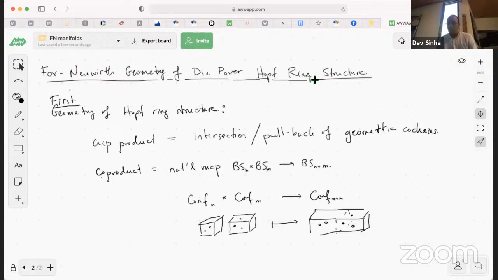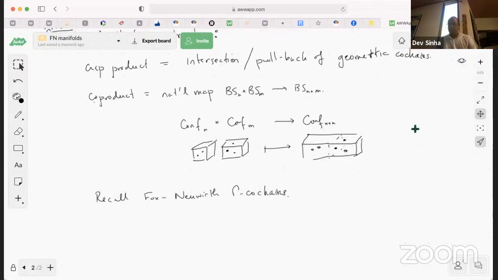And so then if you think about it, what is this map on Fox-Neuwirth cells? So again, let's recall that Fox-Neuwirth cells, Fox-Neuwirth geometric cochains, are these: if I'm doing configurations of endpoints, I've got n minus 1 numbers, and we use the dictionary order, and this is basically the closure.